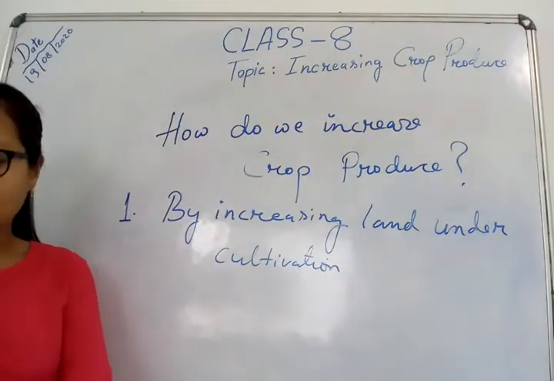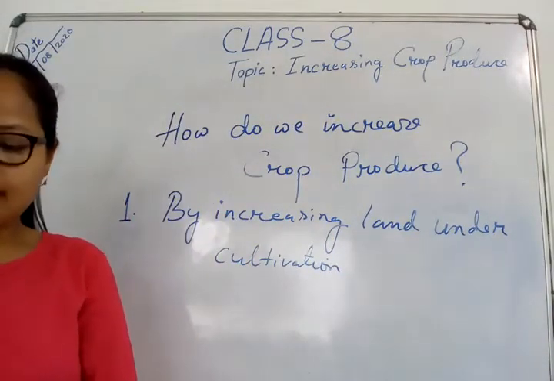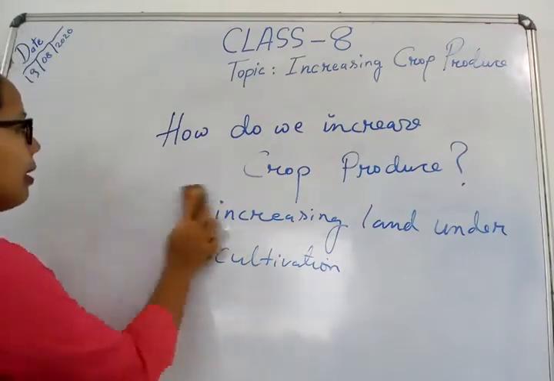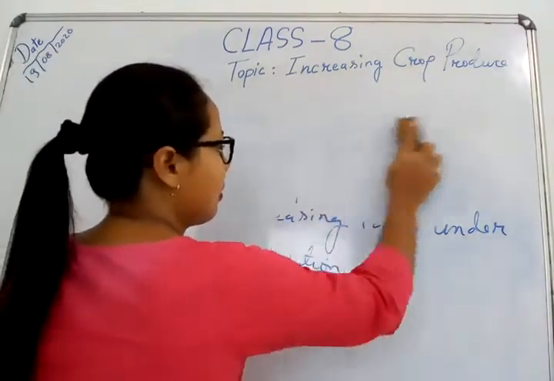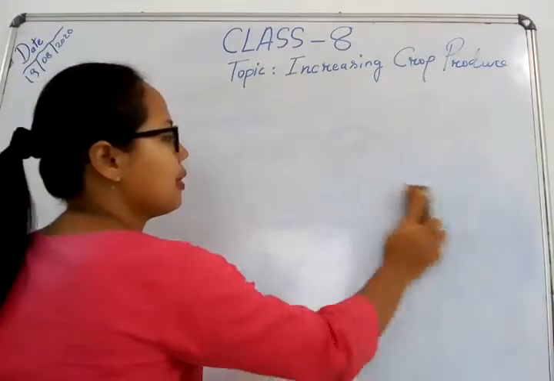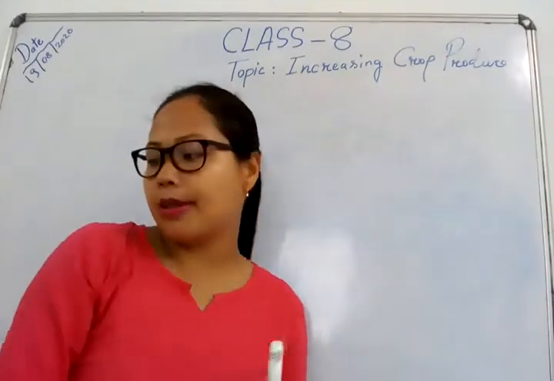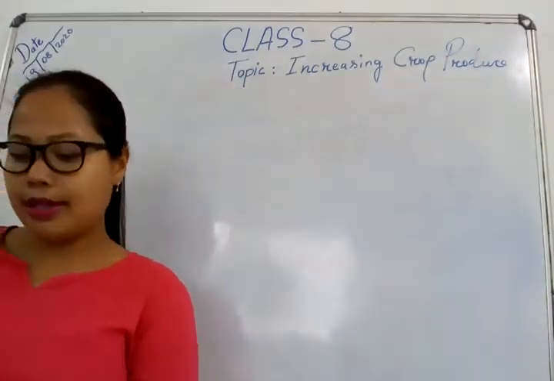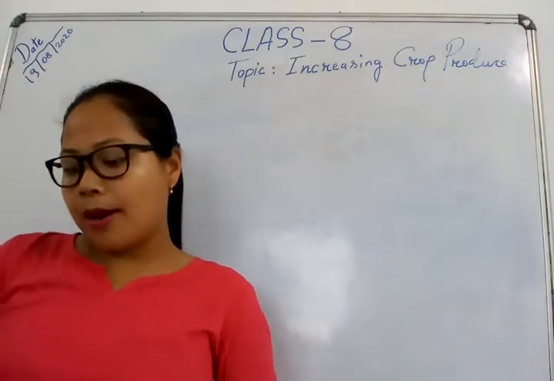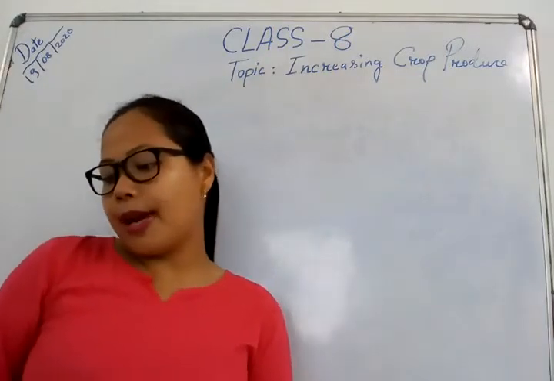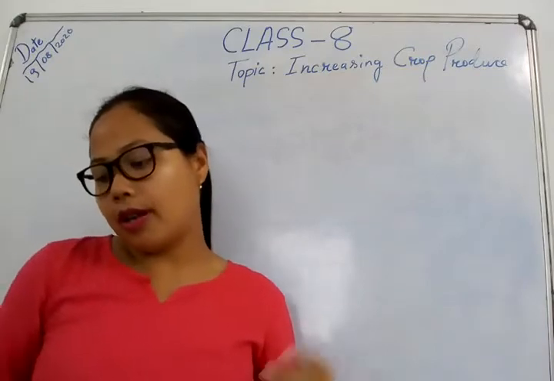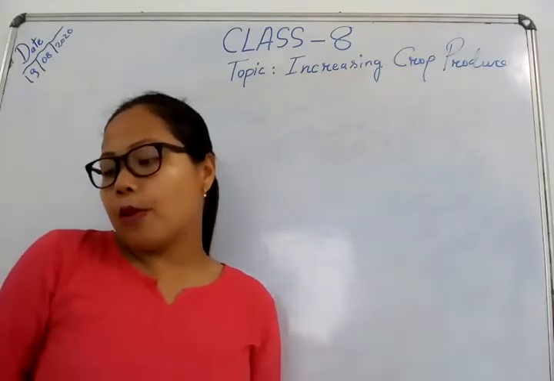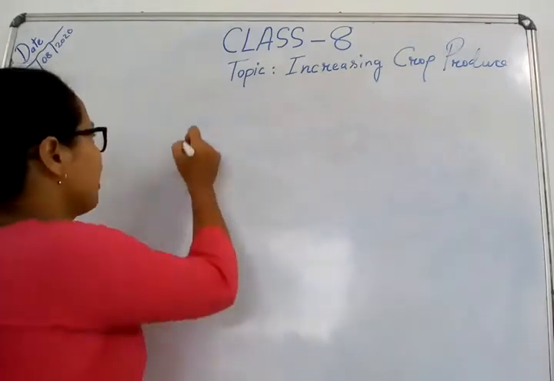Let's see the remaining methods which you have already studied in detail, but here we still have to go step by step. The first one is by using natural methods. Second, by providing better irrigation facilities.